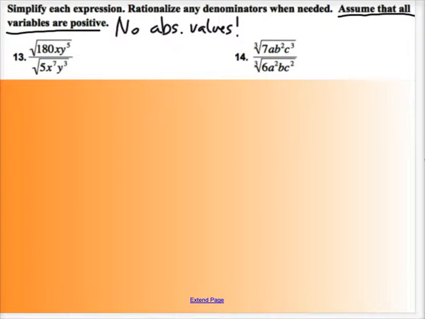So when it gives you the instruction that you can assume all variables are positive, that means you no longer need absolute values. So all of this back page actually just got a little bit nicer. The little redeeming feature of the back page, you don't need to do those absolute values anymore.